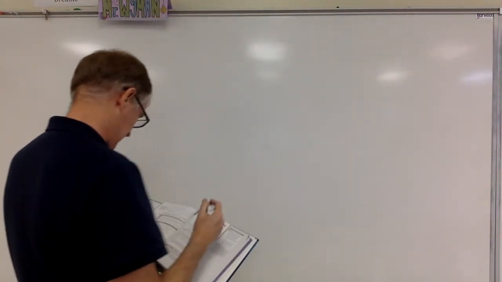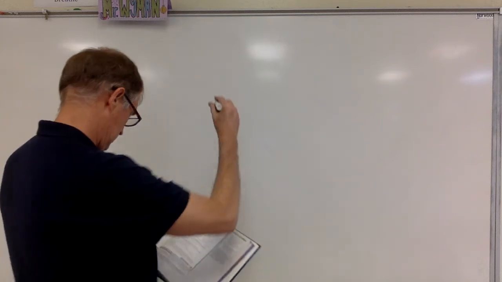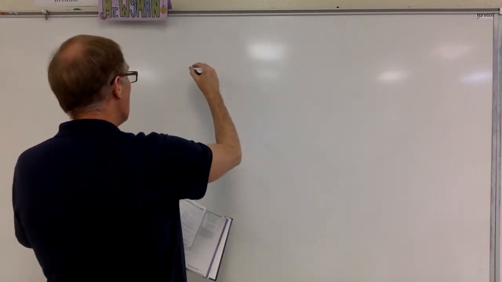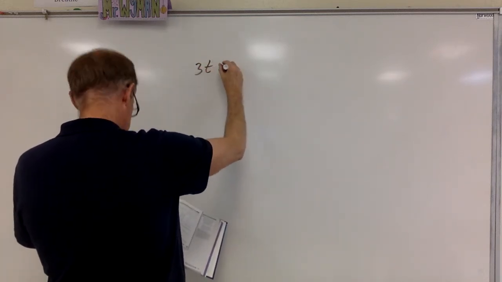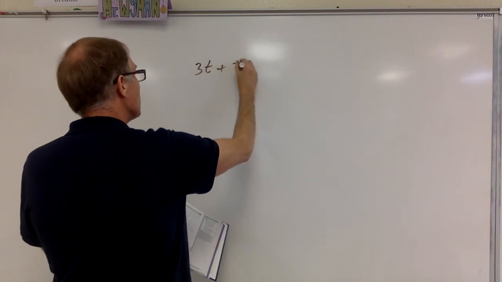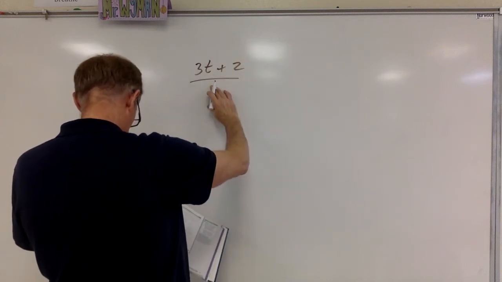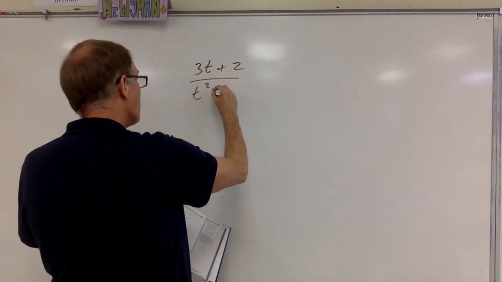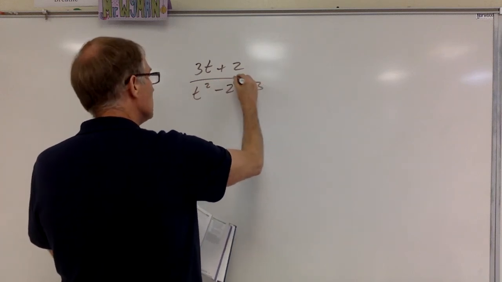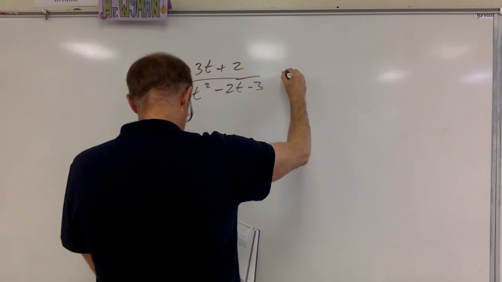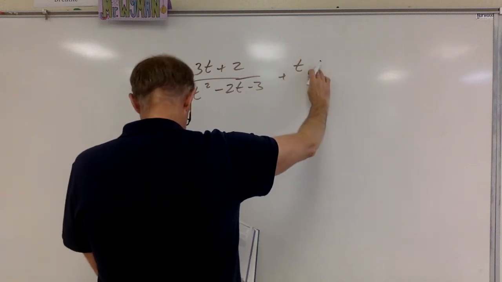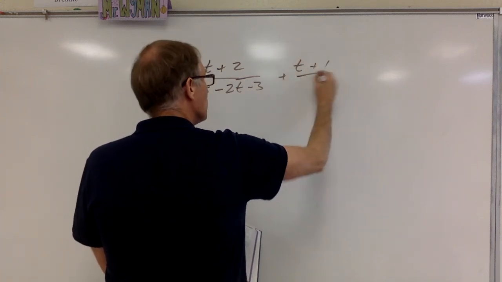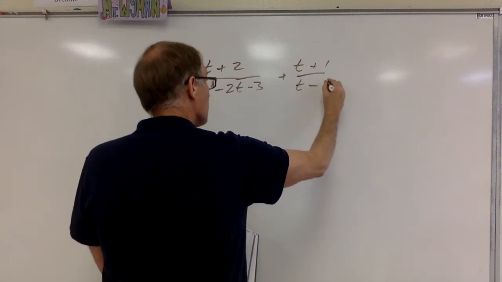If we have 3t plus 2 all over t squared minus 2t minus 3 plus t plus 1 all over t minus 3.